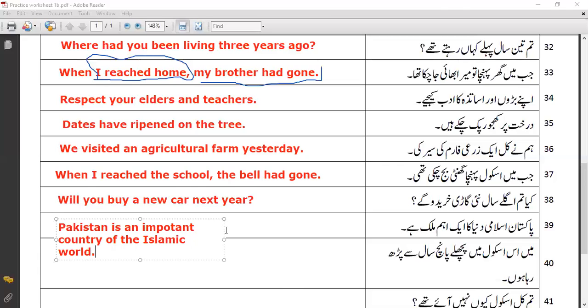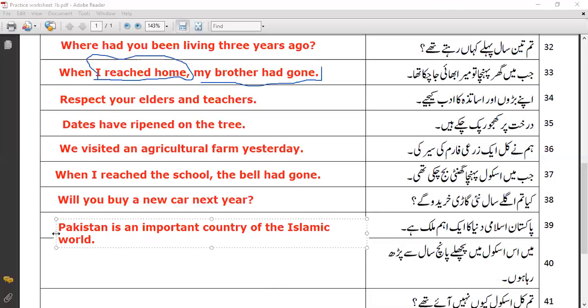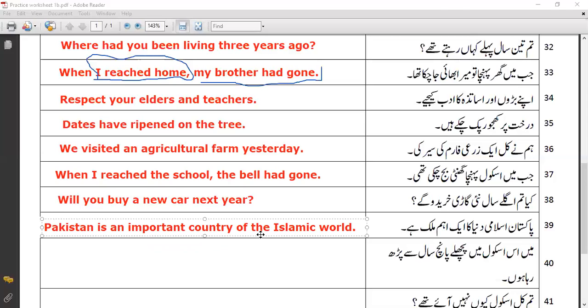Or Pakistan is an important nation of the Islamic world. Pakistan is an important country of the Islamic world. Okay.